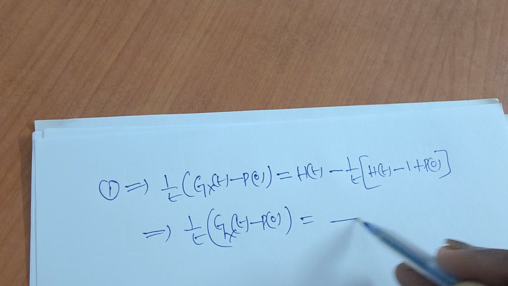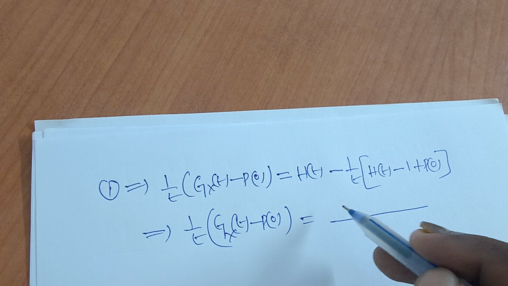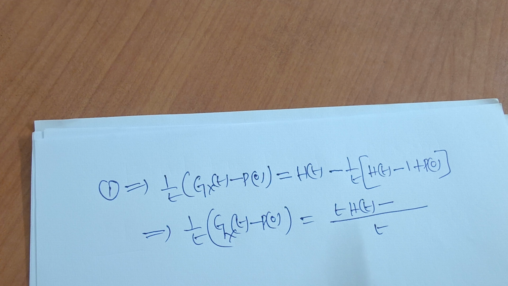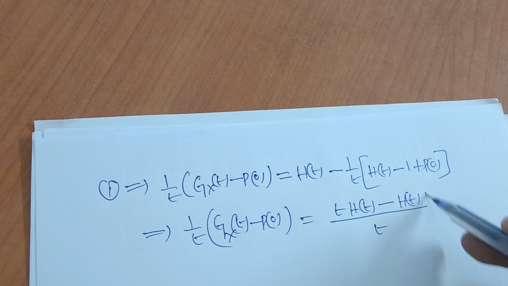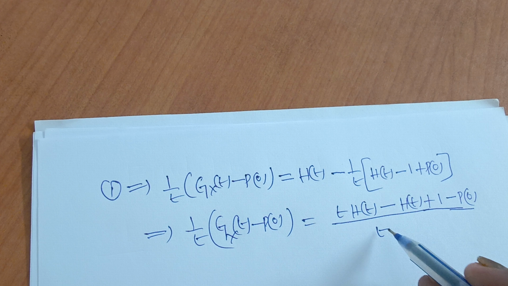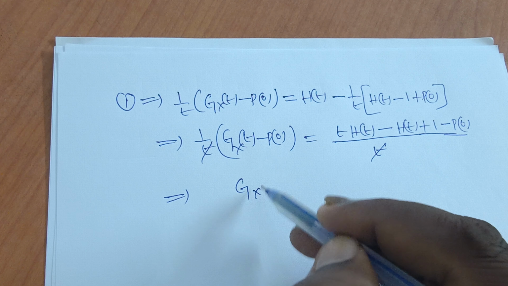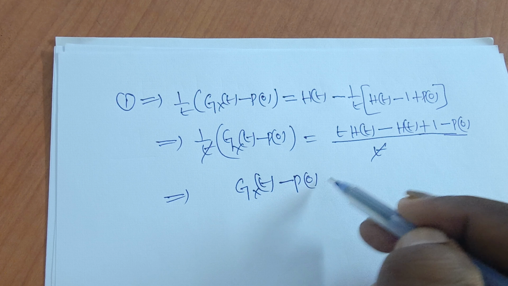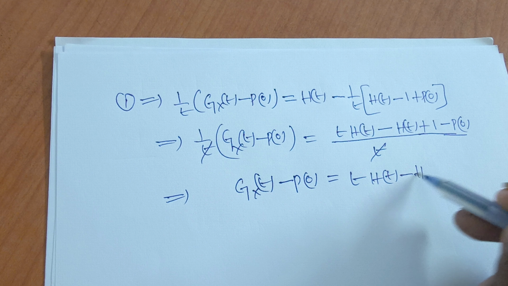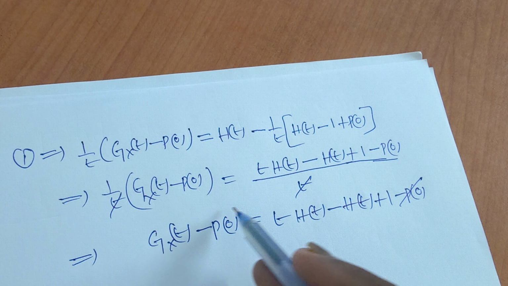Equals, take LCM here, t. h(t) minus t h(t) plus 1 minus P(0). Now here t cancels. G_X(t) minus P(0) is equals to t h(t) minus h(t) plus 1 minus P(0).